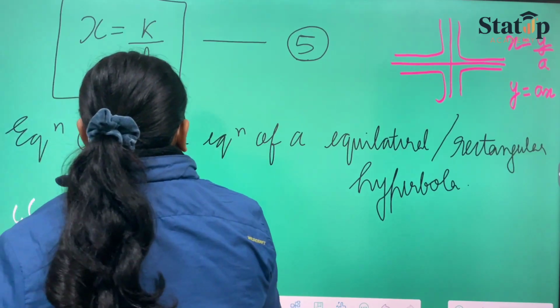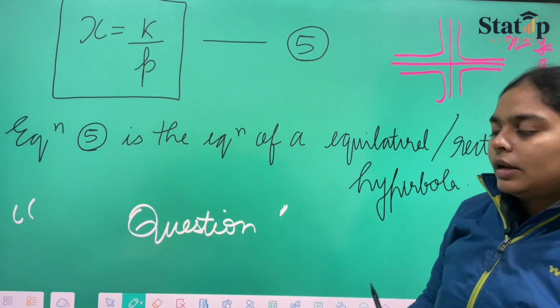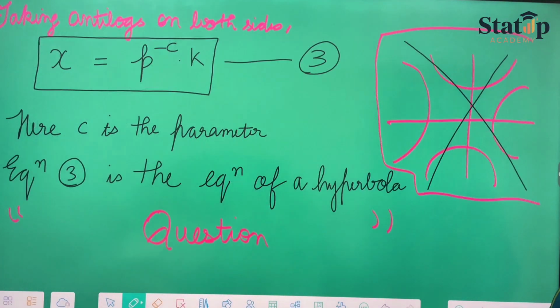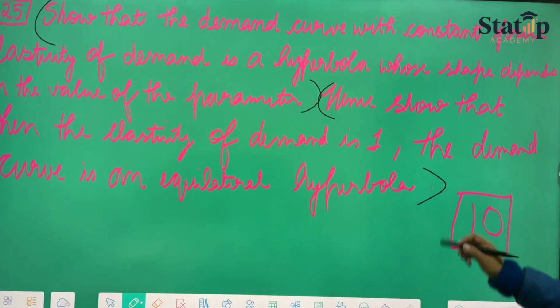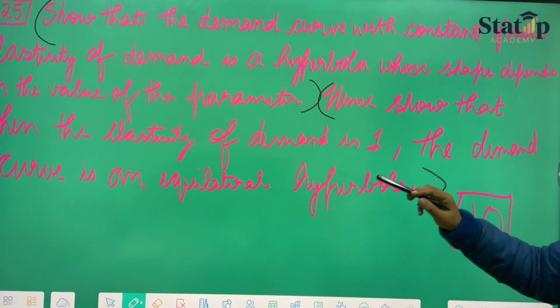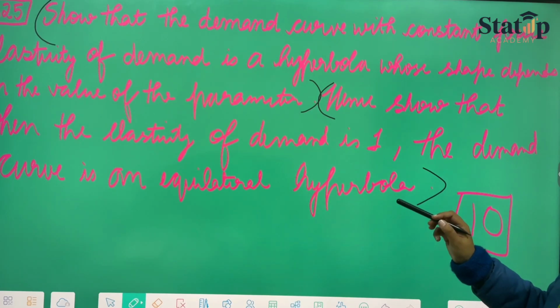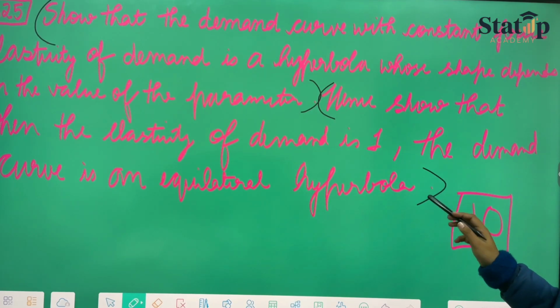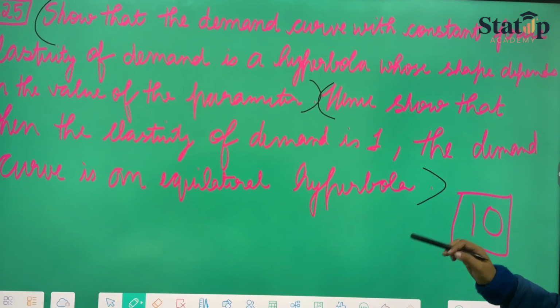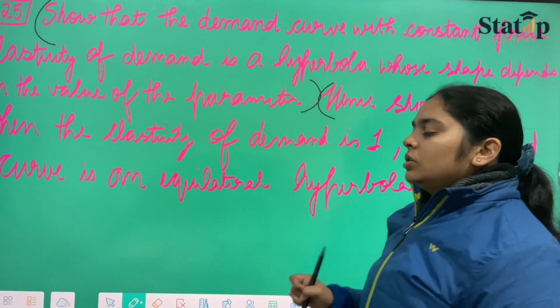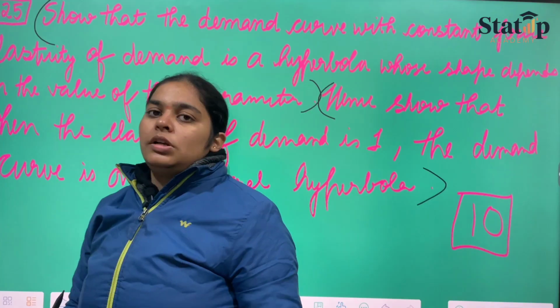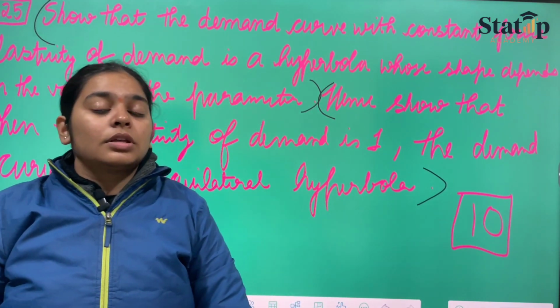For the first part we have written above, so no need to write it again and again. For the second part, we can write the conclusion as: hence we can say that when the elasticity of demand is 1, the demand curve is an equilateral or rectangular hyperbola. So this completes your 10 marks question.